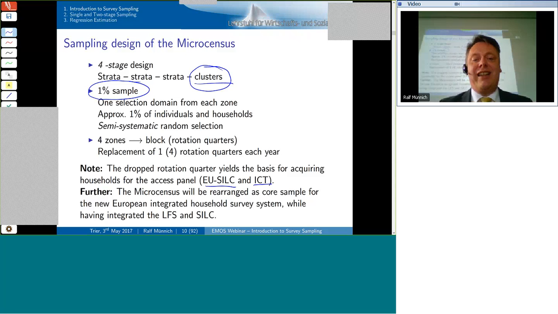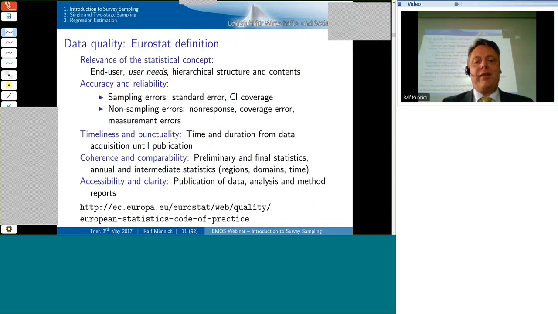Fortunately, we do not need that yet, and that's a little bit sophisticated. And the good news is that the microcensus in the future will be rearranged, so that it is a core sample, and that you have this integrated household survey system, that all the other samples are directly sampled somehow from the microcensus. That gives some very new ideas, and that's important if you talk about regression estimation to get some gain in efficiency.